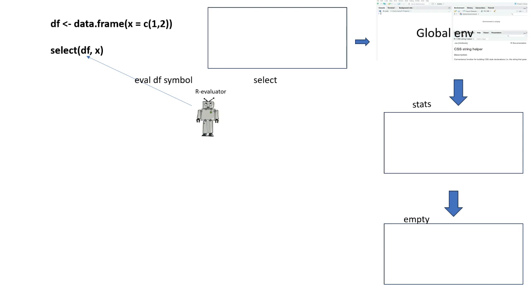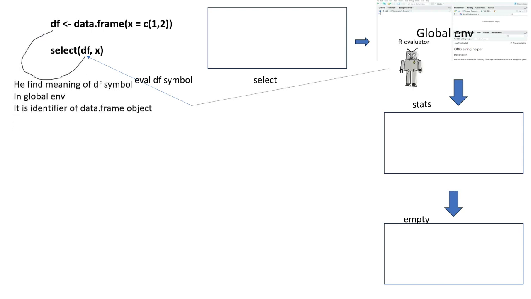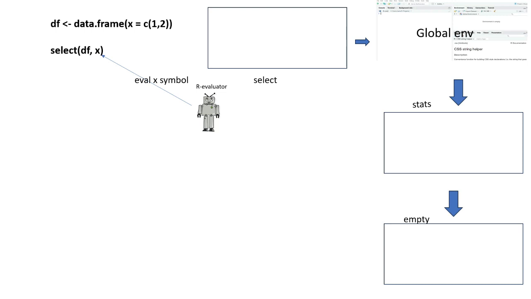Now it has to eval what is the meaning of df here. So finally it finds the meaning of the df symbol in the global environment. Now it's the turn to eval the x symbol. What is the meaning of the x symbol?